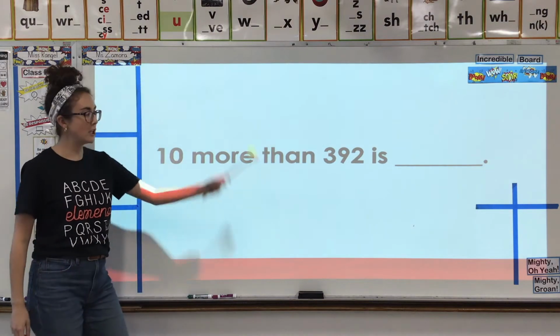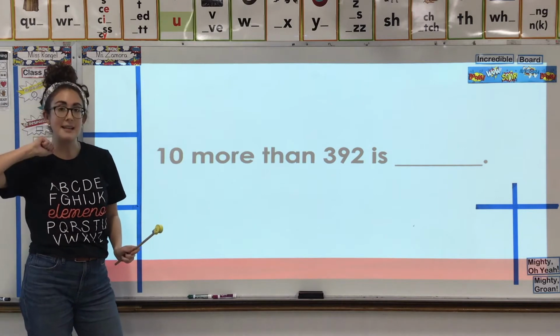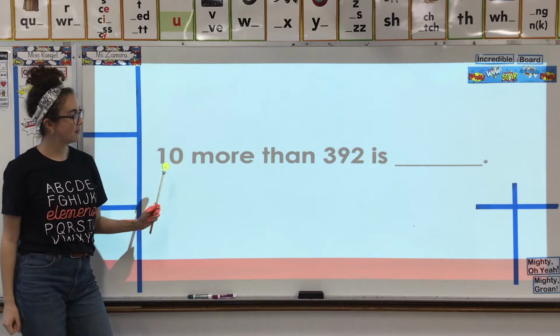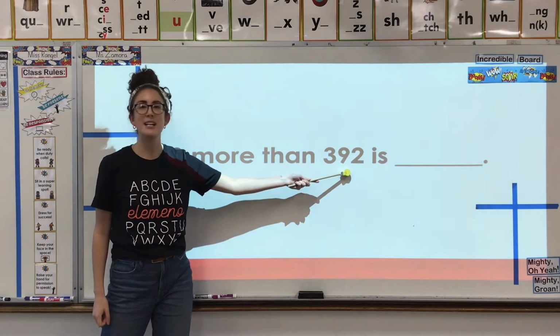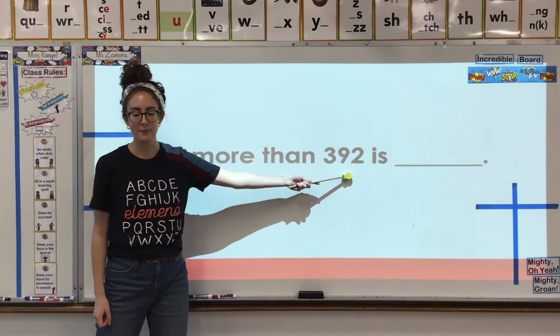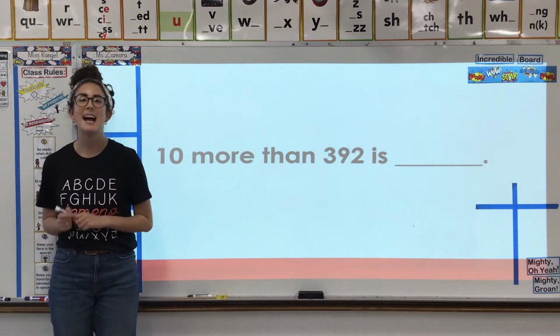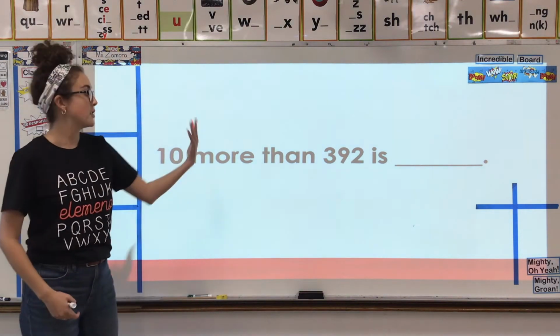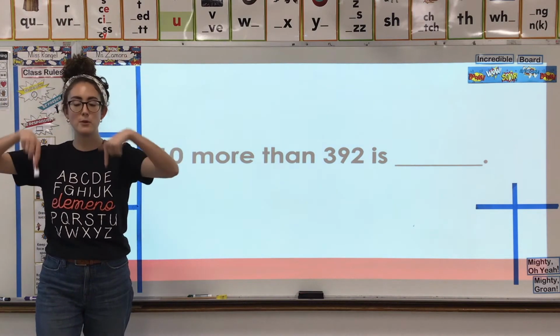Okay, can you read this first problem with me that we're going to work on in our heads? It says 10 more than 392. So is this sentence asking us to add or subtract?